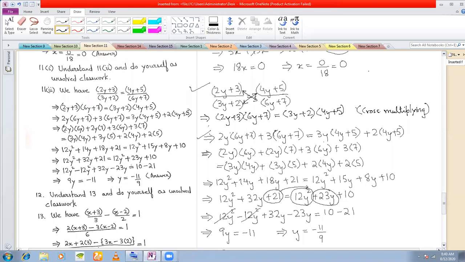When you have a by b is equal to x by y, if you multiply these two, the next step is a into y is equal to b into x. This is what we call cross multiplying. This I've been doing for a very long time.